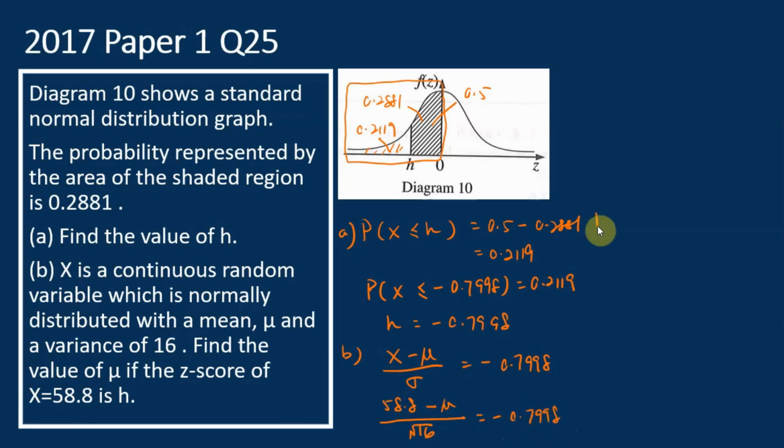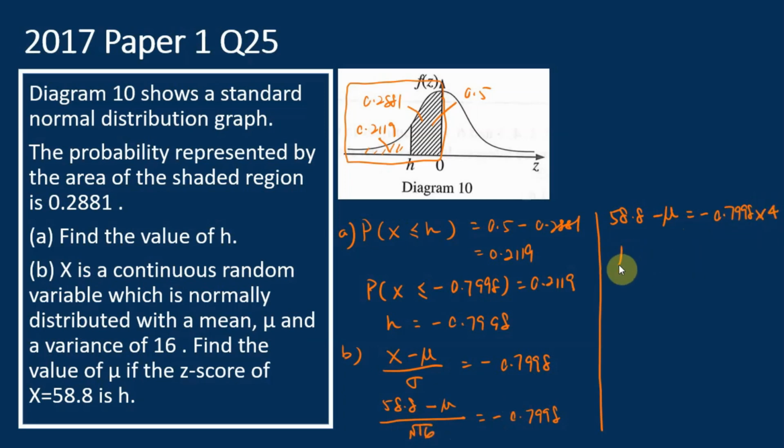This is equal to negative 0.7998. So 58.8 minus mean is equal to negative 0.7998 times the square root of 16, which is 4, so times 4.